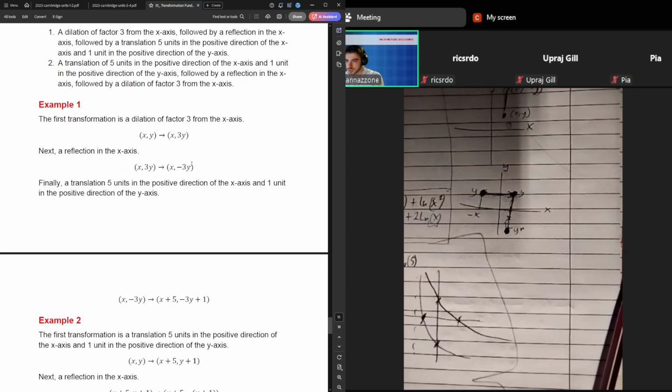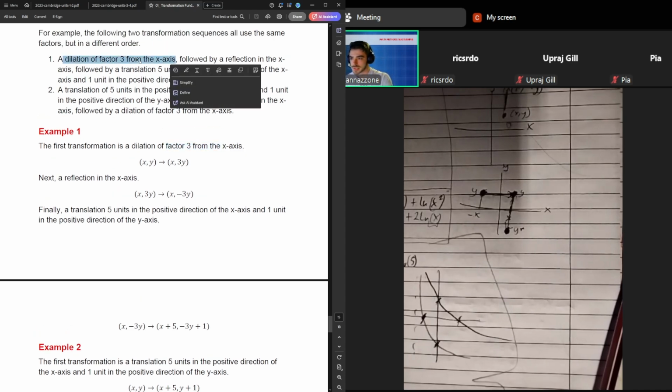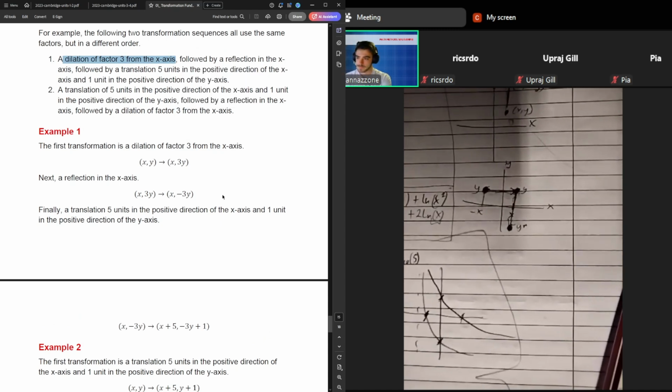The way it works when you have a sequence of transformations is that you're just going to repeat that first step where you identify what that transformation is repeatedly over and over again until you get through all the transformations in that order. So in this case, we have started with a dilation factor of 3 from the x. That's from example 1. From the x means that it impacts the y variable, right?